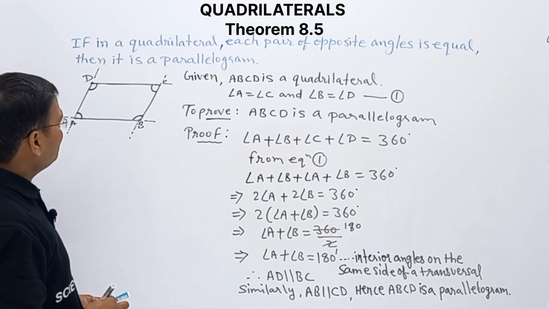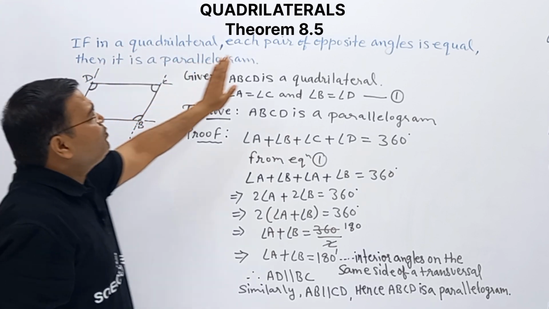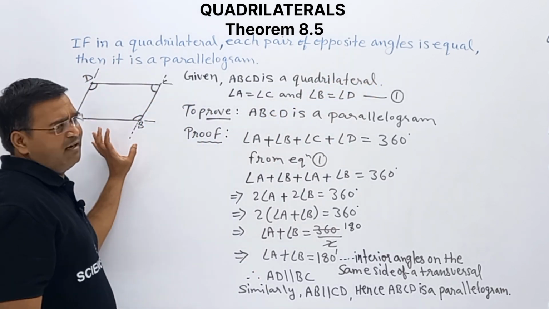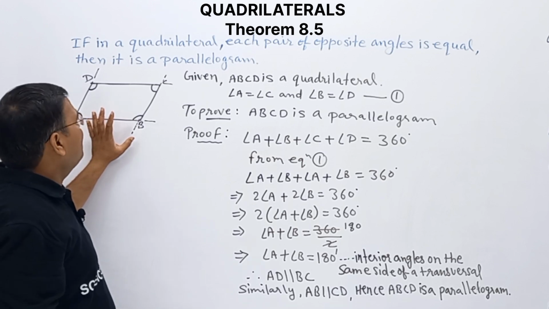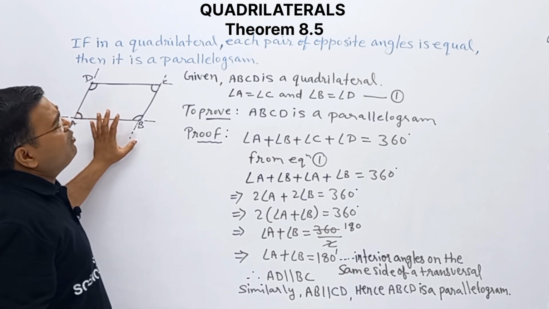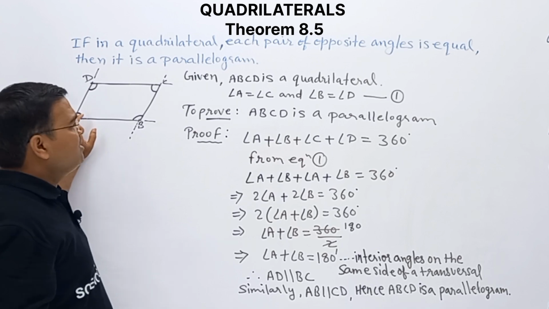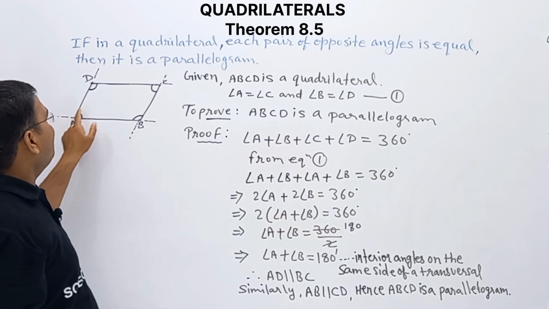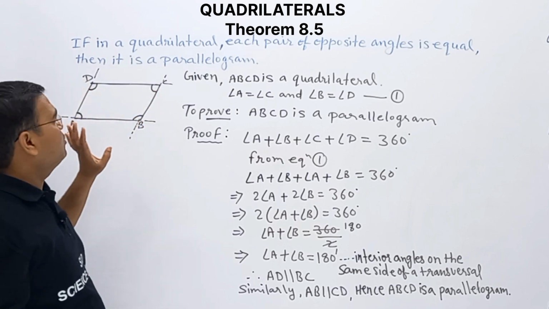Clear? Observe this theorem again. If in the quadrilateral each pair of opposite angles is equal, we have one quadrilateral having 4 sides and 4 angles, in which we have 2 pairs of opposite angles. Each pair of opposite angles is equal. It means angle A equal to angle C and angle B equal to angle D. This thing we have in the question.